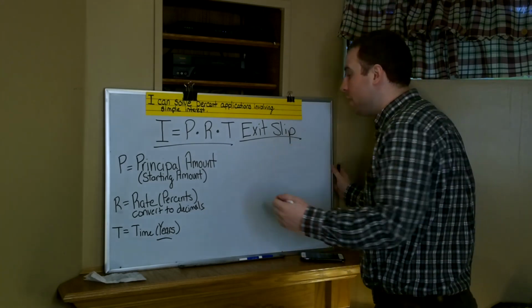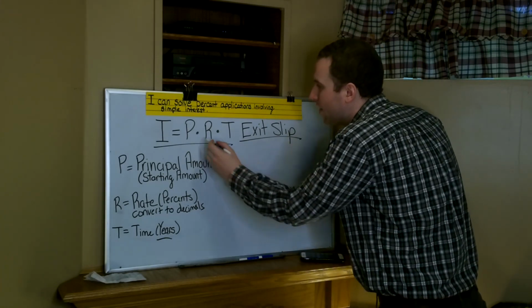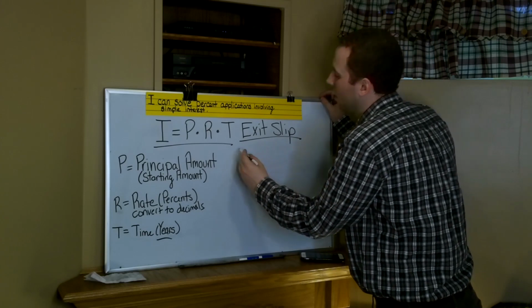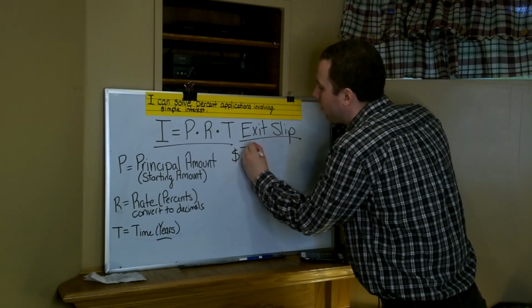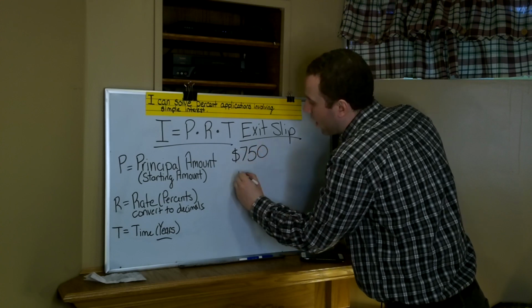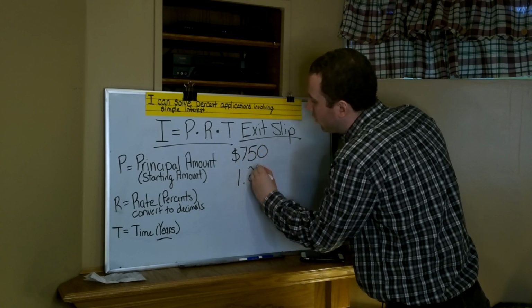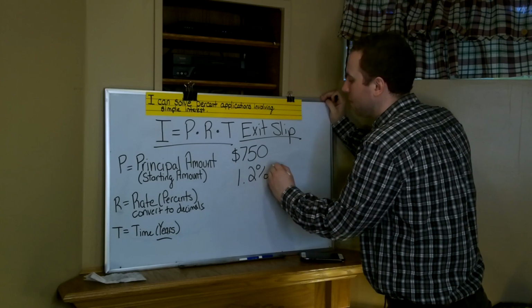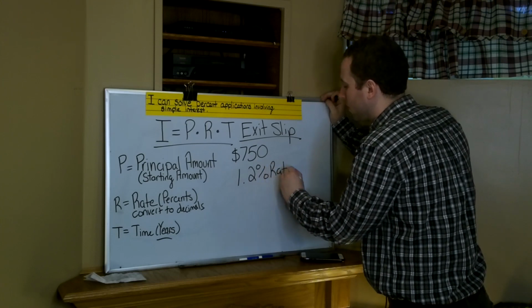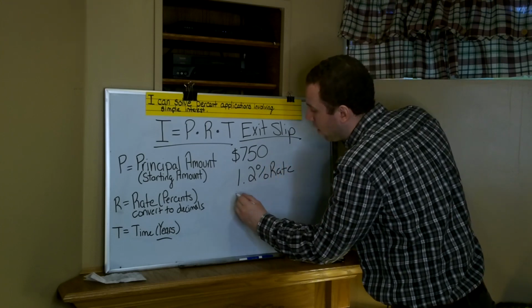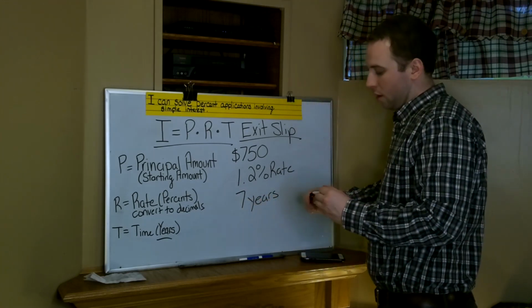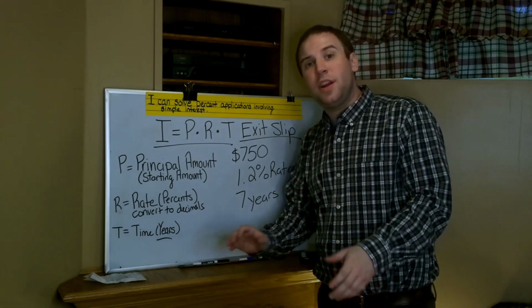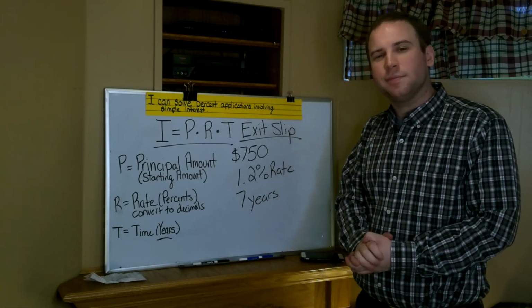What I want you to do is find the interest given that you have a bank account that has $750 in it at a 1.2 interest rate, and you're keeping it in there for 7 years. I'll give you a minute to go ahead and pause the video to answer the following question.